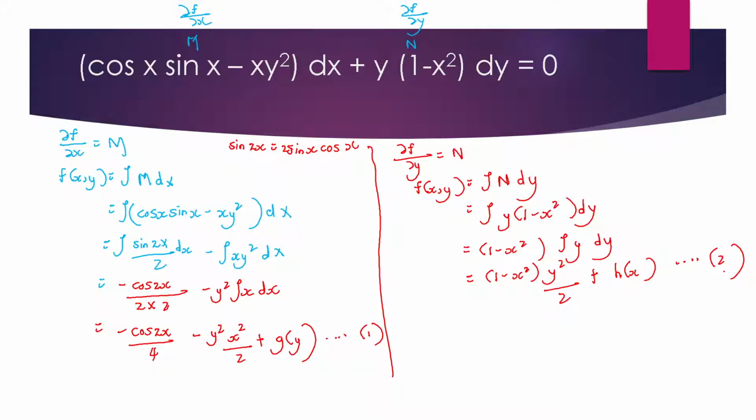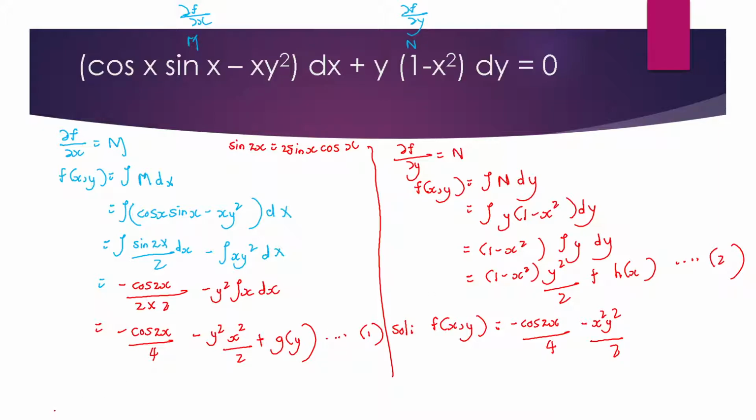The solution for the exact differential equation is f(x,y) equal to a constant. To get f(x,y), I start from equation 1. So the solution is negative cos 2x divided by 4, the second term is negative x squared y squared divided by 2, plus g(y), a function of y.